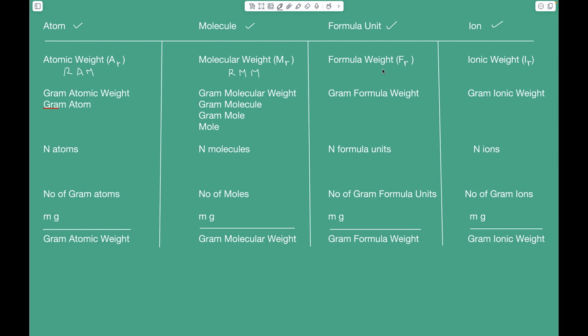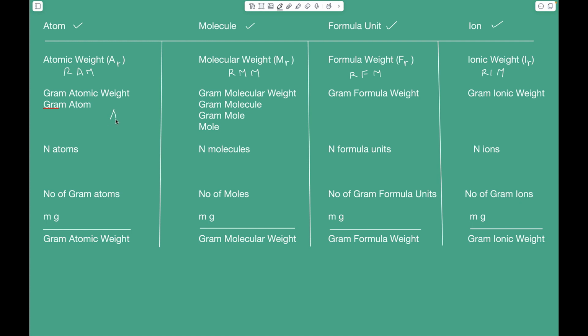And for a formula unit, formula weight, also known as relative formula mass. And for an ion, ionic weight or relative ionic mass. I have explained these terms in a previous video, and if you want, you can go back and watch it.